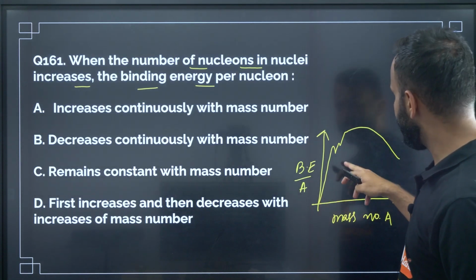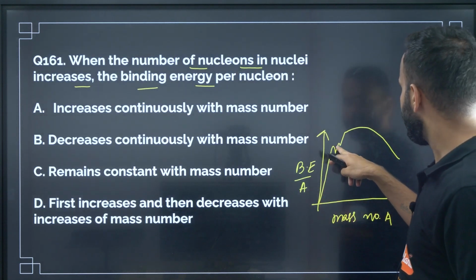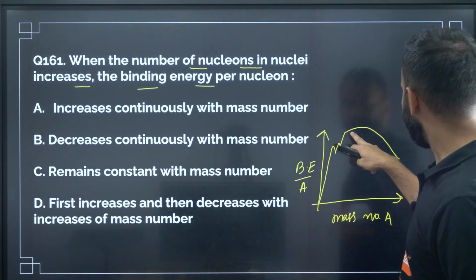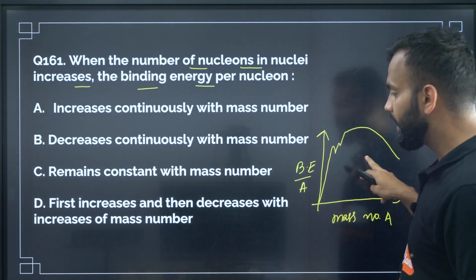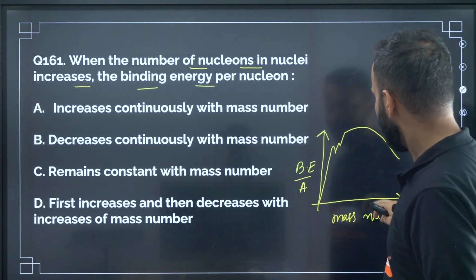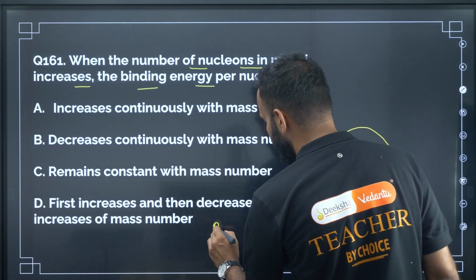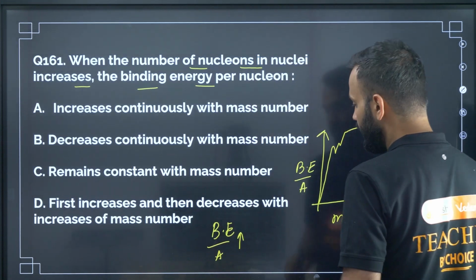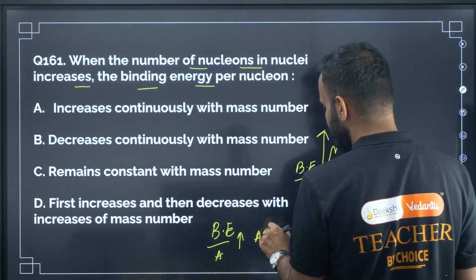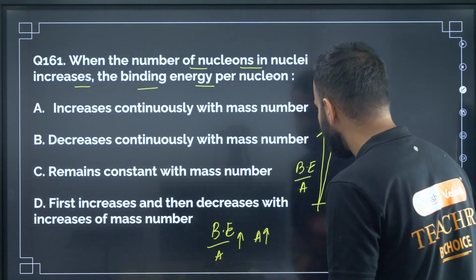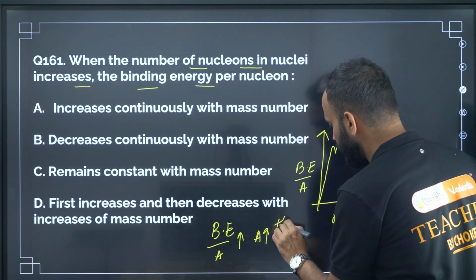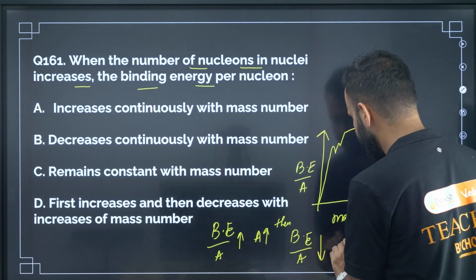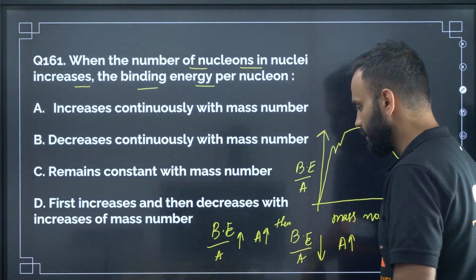Here it first increases when the mass number increases, then it decreases with the increase in mass number. So the average binding energy per nucleon first increases when the mass number increases, then decreases as the mass number increases.